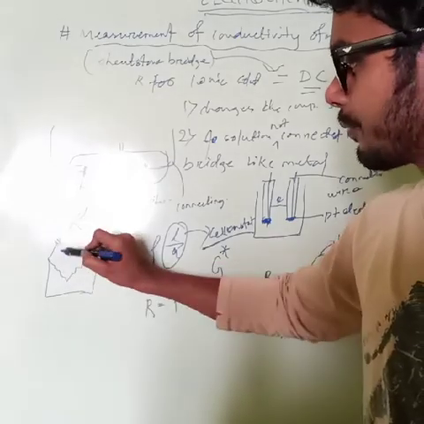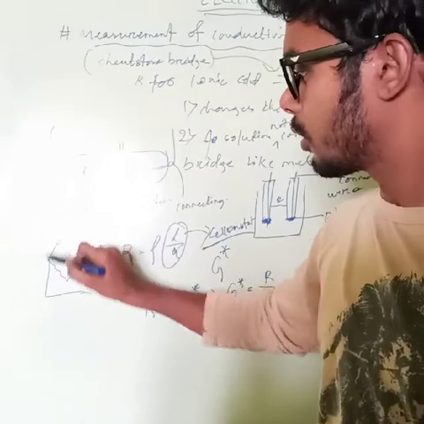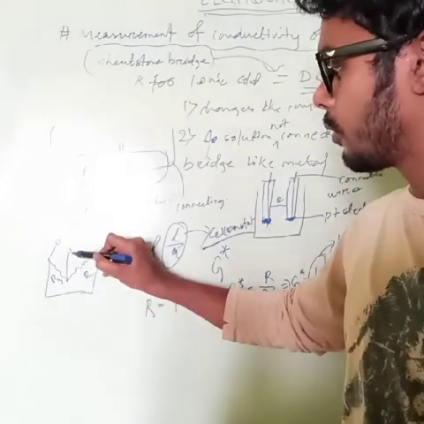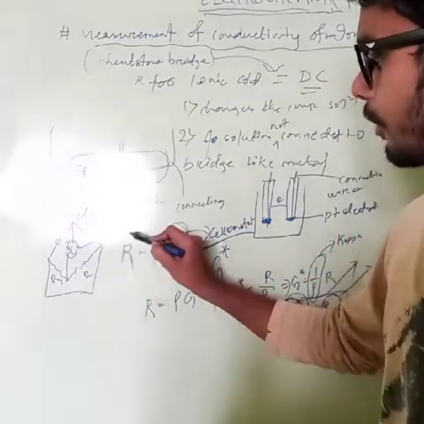Suppose this one is R1, R2, R3, R4. This is the detector.